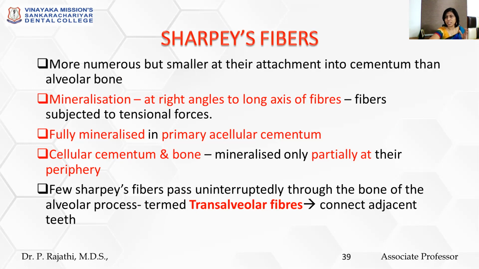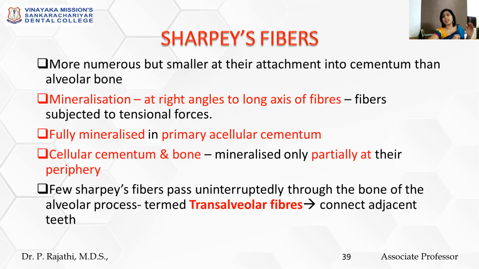There are few Sharpey's fibers which pass uninterruptedly through the bone of the alveolar process. Those fibers, you call them transalveolar fibers. You remember transseptal fibers, which are seen within the connective tissue of the gingiva, right? Above the septum. So from one tooth, it passes to the periodontal ligament space, enters into the alveolar bone, then again passes into the periodontal ligament space, then gets inserted into the tooth.